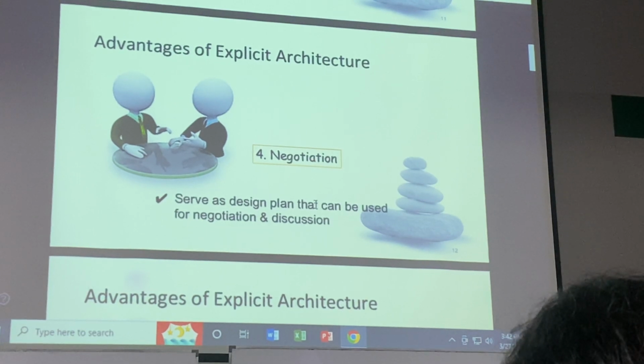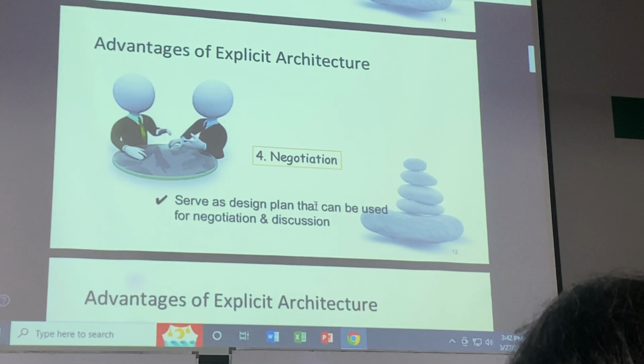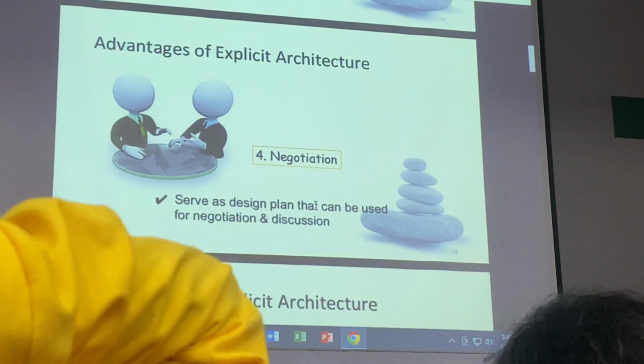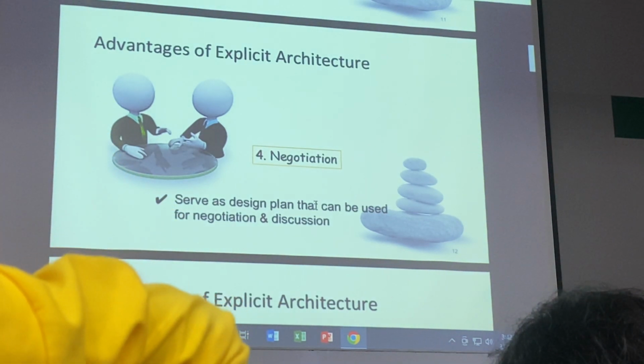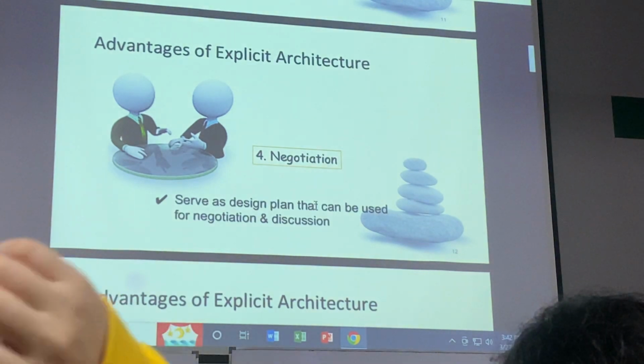We are all in the same domain, but in different faculties. So when I want the system, of course, from my point of view, I want everything to be IT based, because I'm an IT lecturer. So there are things which the business lecturer is not using or not familiar with.